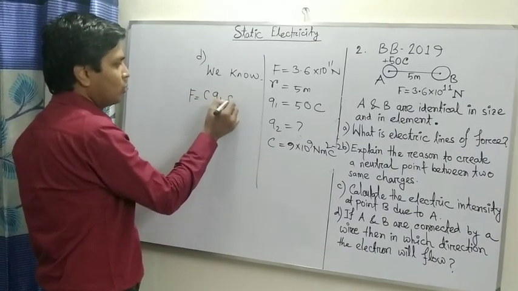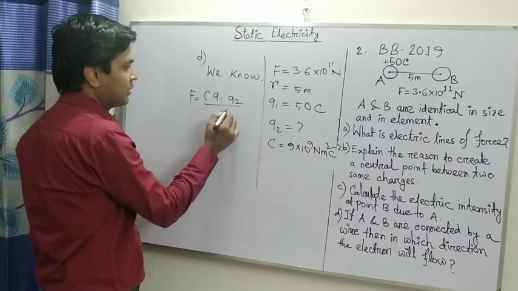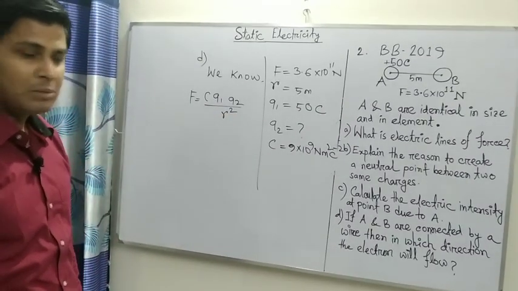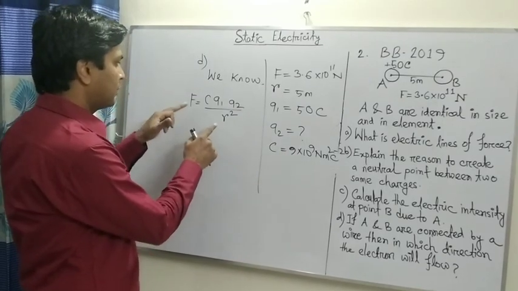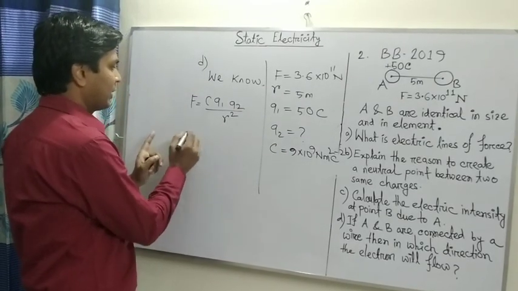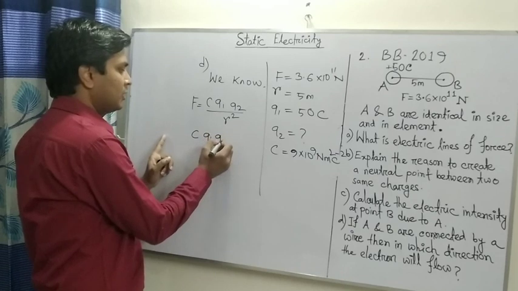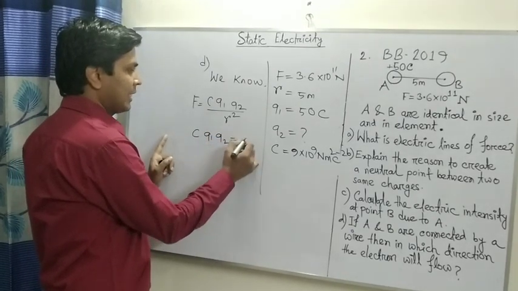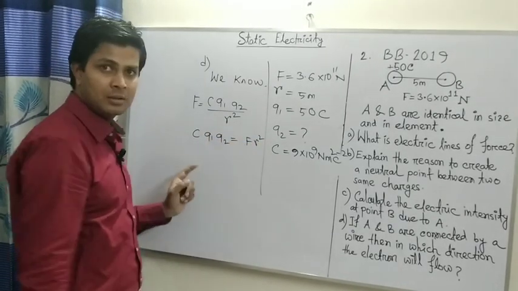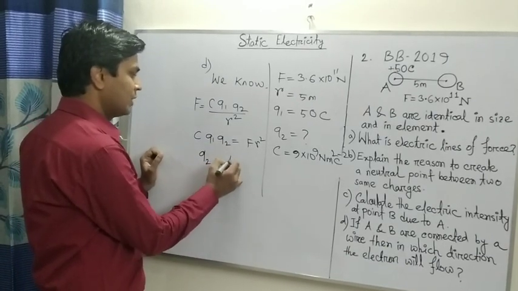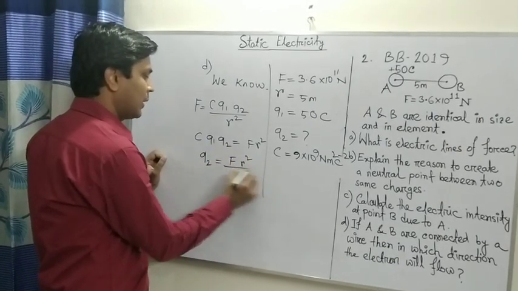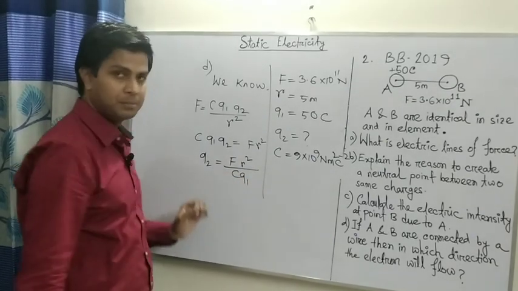So if we apply Coulomb's force, F equal to C Q1 Q2 divided by R square. We have to calculate the value of Q2. So if we multiply with R square, then we can write C Q1 Q2 equal to F into R square. So we can write Q2 equal to F R square divided by C Q1.